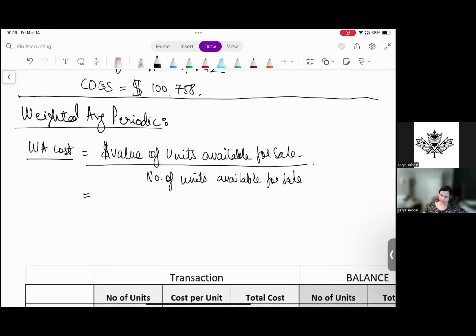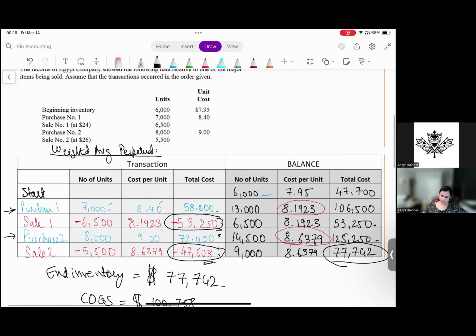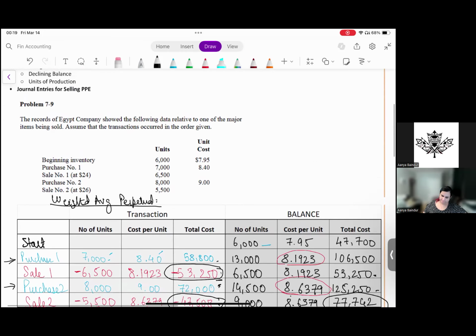So let's go ahead and do that. As you can see in this question, we have each of these transactions. So every time this transaction happens, we just need to see how many goods will be available for sale. So the very first goods that we'll have for sale are the ones that we had in the beginning, then whatever we purchased, and then whatever we purchased the second time.